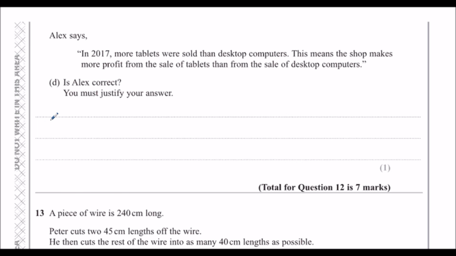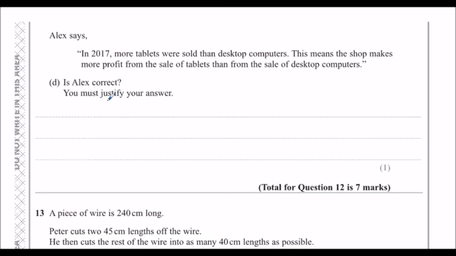Okay, we're still going. Part D. So we've got Alex, and he's saying in 2017, more tablets were sold than desktops. This means the shop makes more profit from the sale of tablets than from the sale of desktops. So just because they've sold more, we haven't got a clue how much profit they're making.